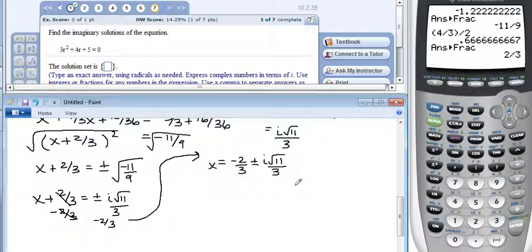Square root of 11 can't be simplified. So here we have negative 2/3 plus i roots of 11 over 3, comma, negative 2/3 minus i roots of 11 over 3. Okay, and I'm going to be lazy and not check it.